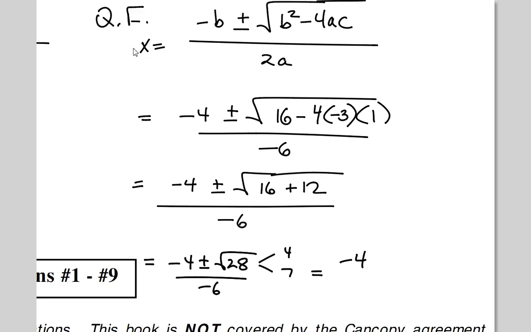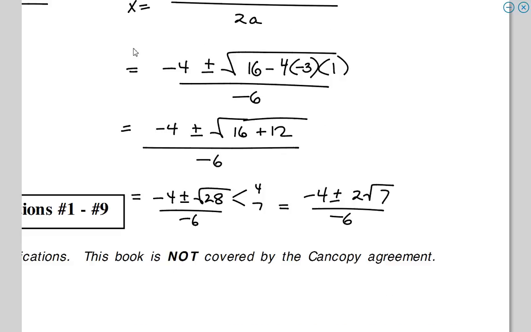So negative 4 plus or minus 2 root 7 all over negative 6. Now we do the game where we lowest terms it. So 4, 2, and 6 all divide by 2. So we get negative 2 plus or minus 1 root 7 all over negative 3.